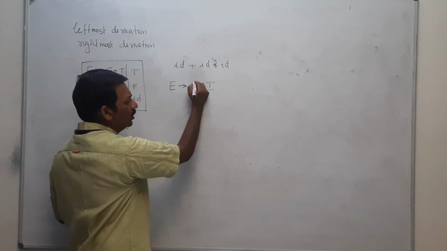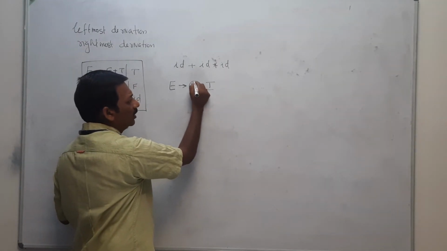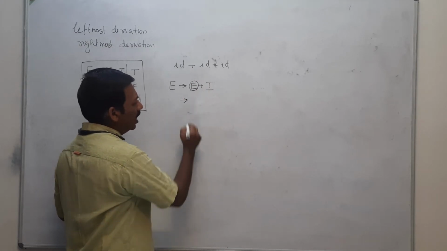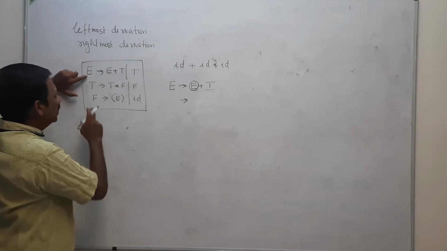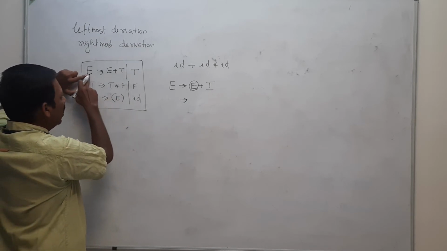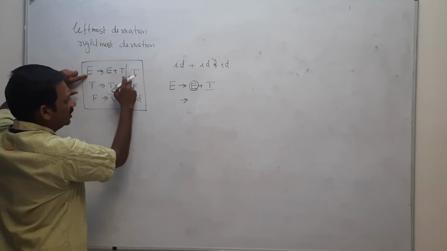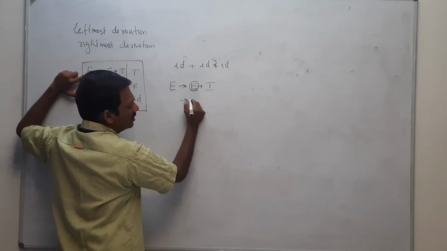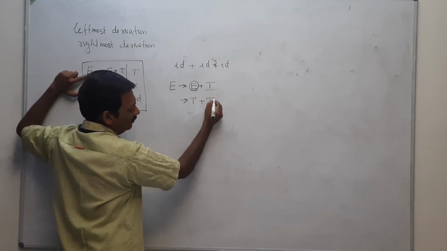Now I am going to reduce the leftmost non-terminal. E derives ID is not there, so I am going to replace this E with T, since E derives T. That means T plus T.